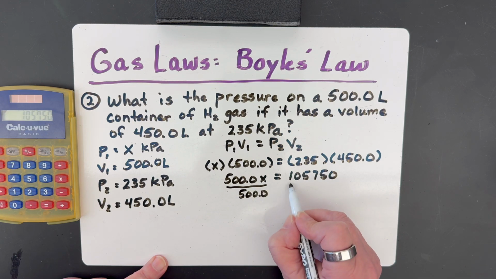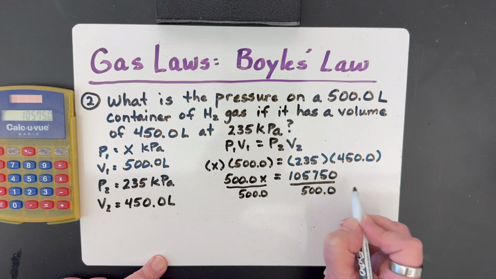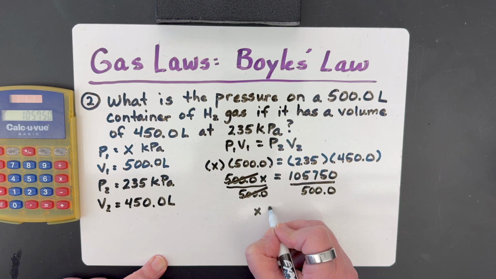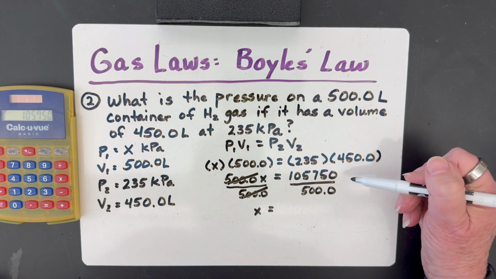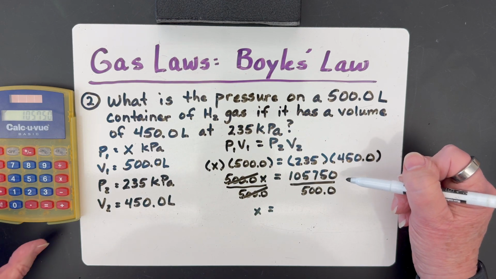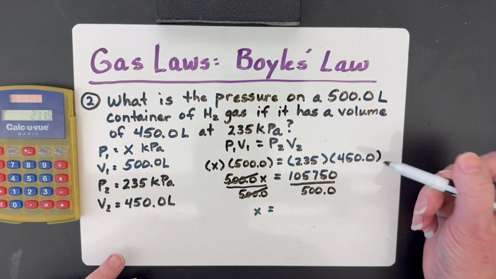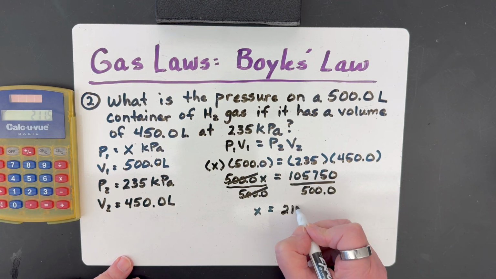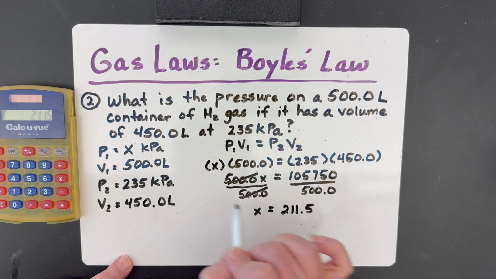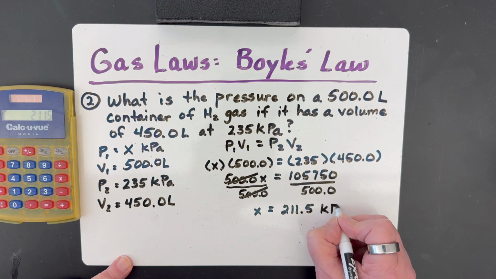If I do it to the left side, I have to do it to the right side to keep it equal. So here my 500 cancels and I just have x. And here I'm going to take 105,750 divided by 500, which is 211.5. And if I look back here, I was solving for pressure and my units are kPa.